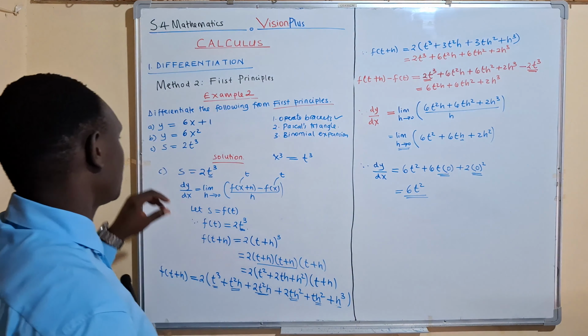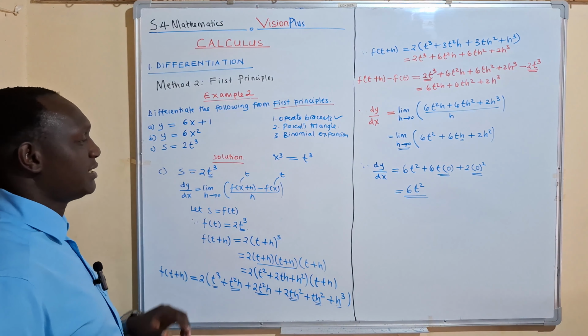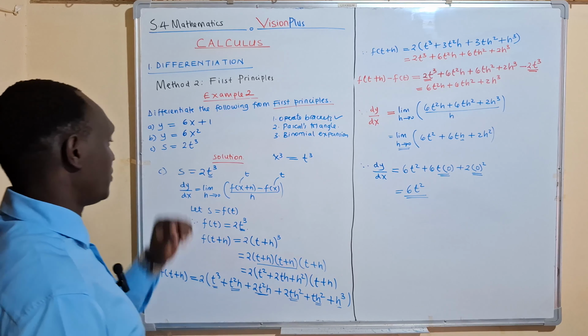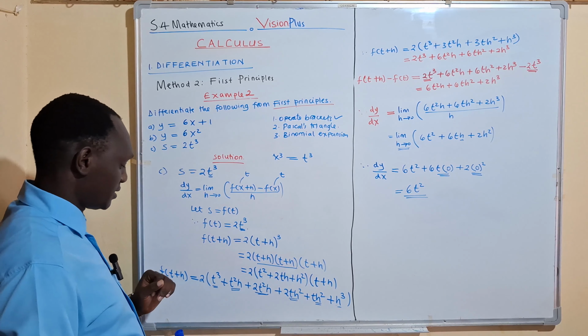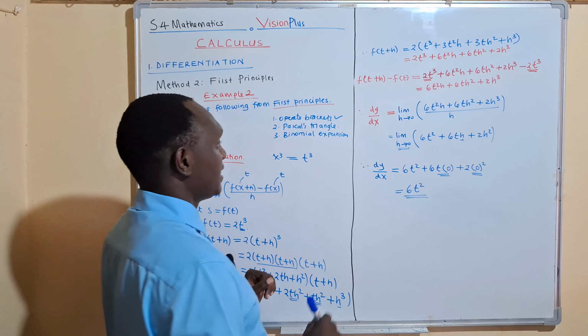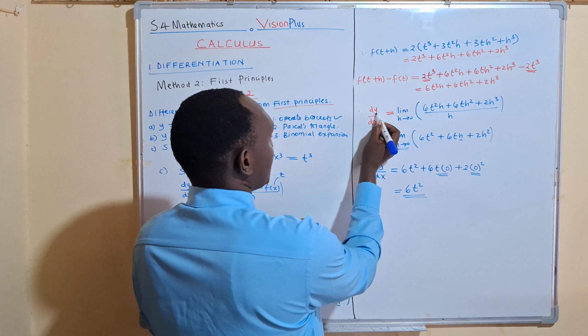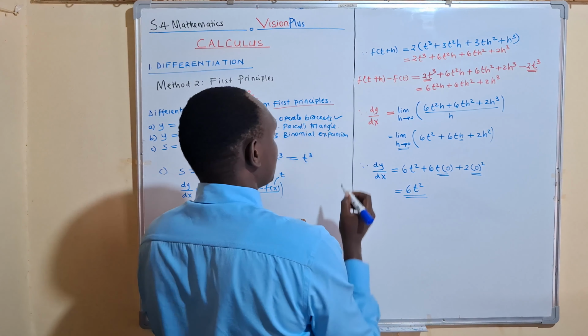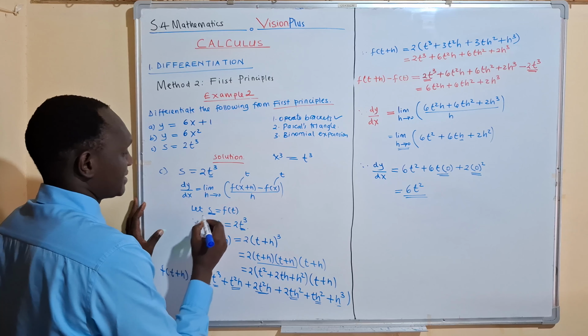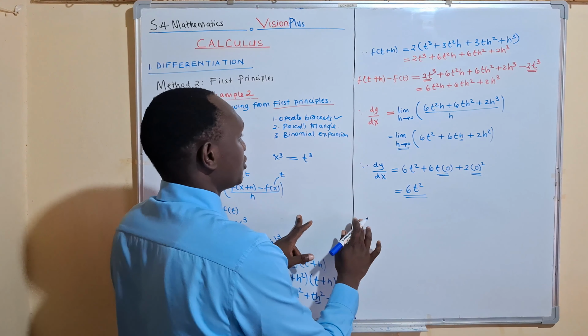So that is the solution to part C when we are applying first principles. What have you noticed? Our function here is again saying dy/dx. But remember, our function was s.